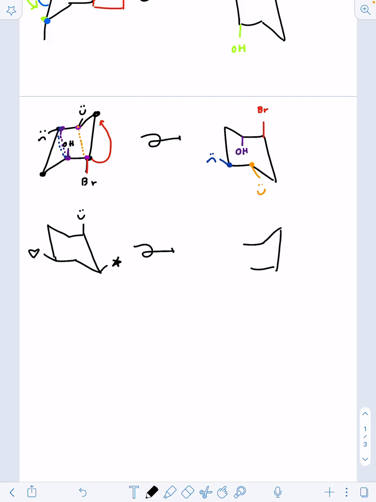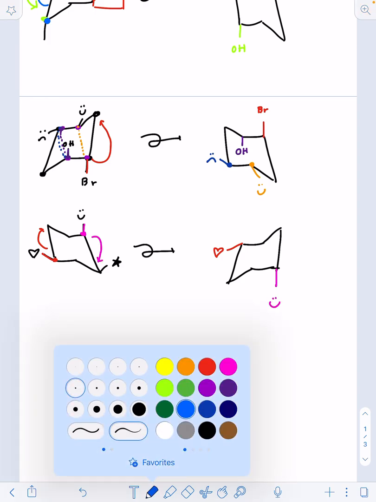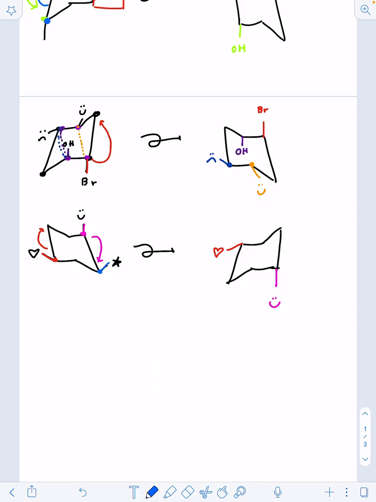Flip it. I know that my heart is up equatorial, so it needs to be down equatorial. My smiley face is up axial, so it needs to be down axial. My star is up equatorial, so over here it needs to be down equatorial.